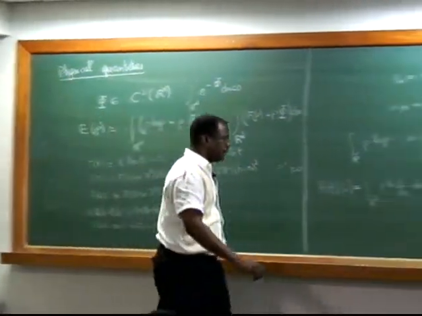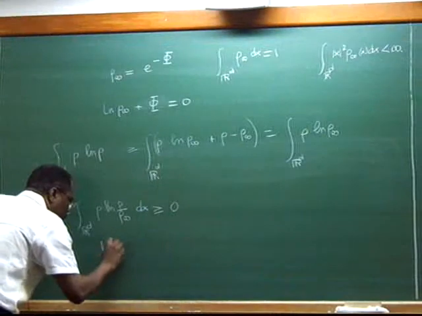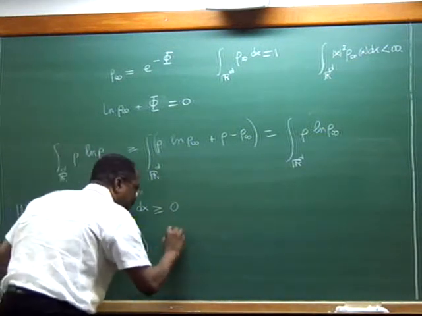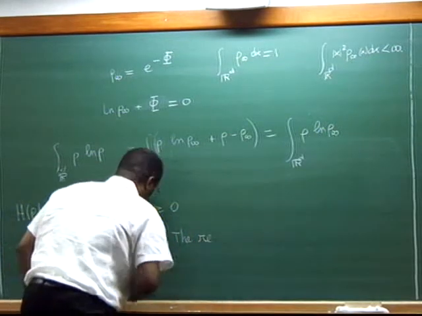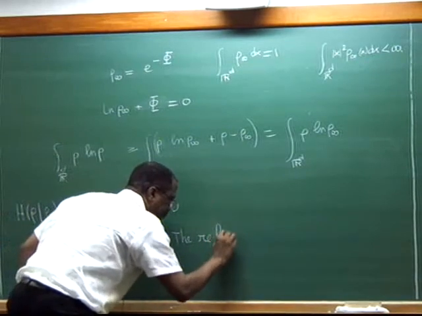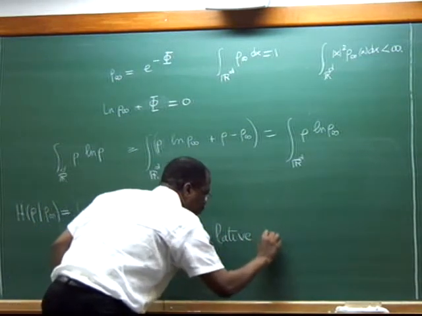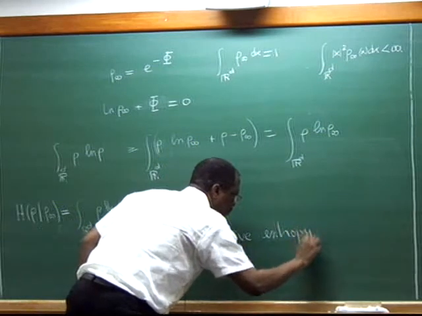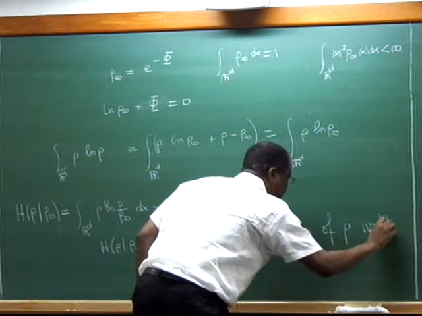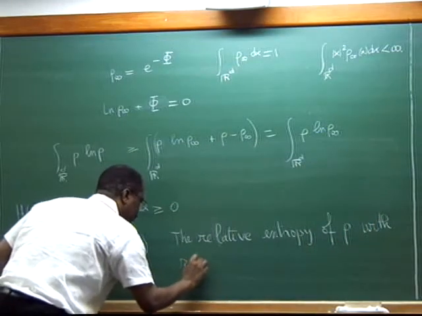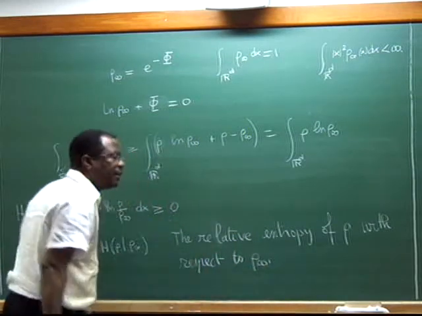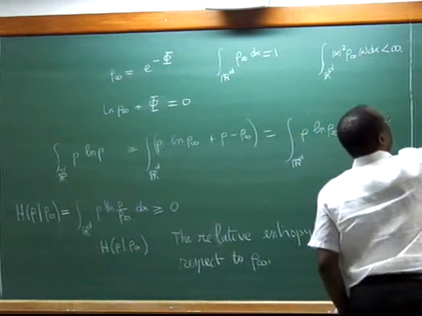Usually people call negative this the relative entropy of rho with respect to rho infinity. Now let me introduce the relative Fisher information.